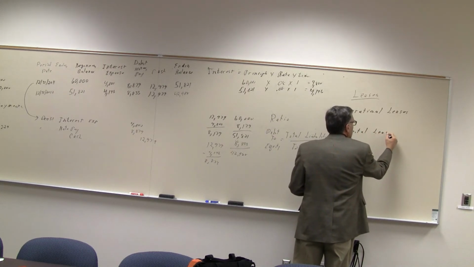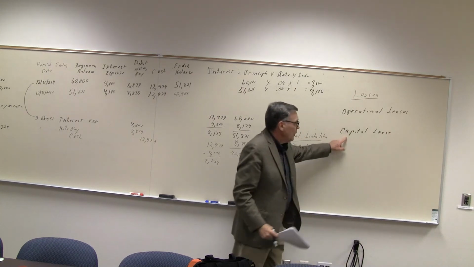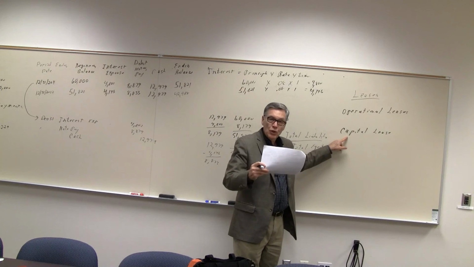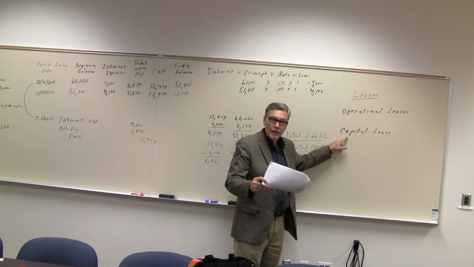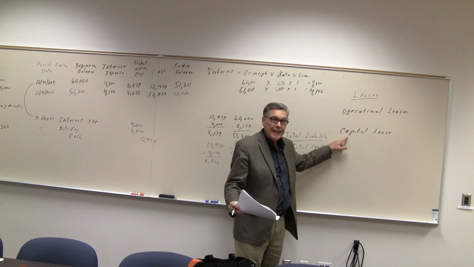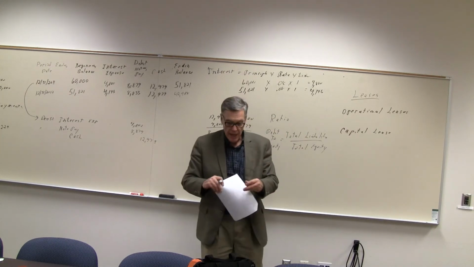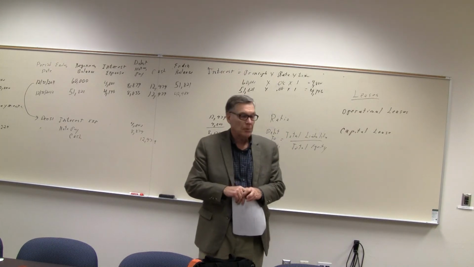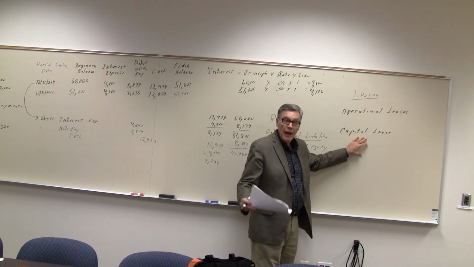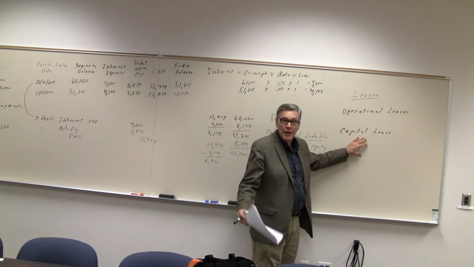A capital lease is one where the rewards and the burden of ownership are transferred from the person who's leasing out to the lessee. So the lessee has all the rewards and risks of ownership. For instance, an example of a capital lease: at the end of the lease period, you get to keep the asset.